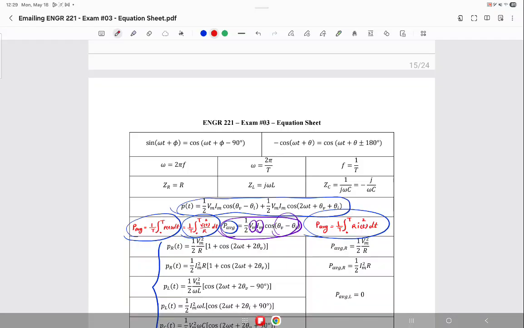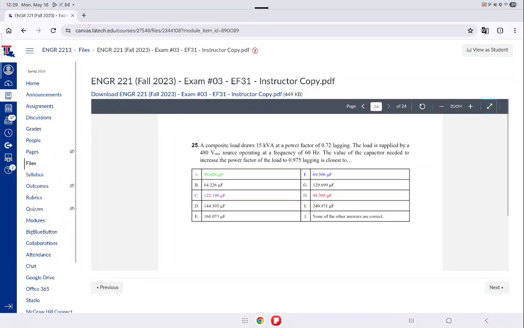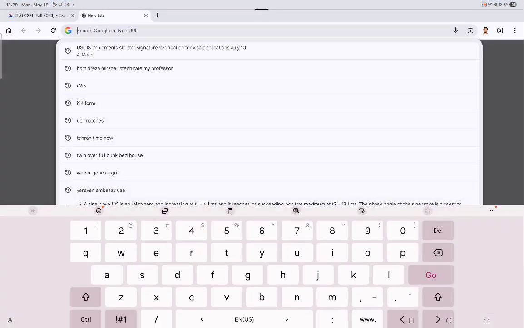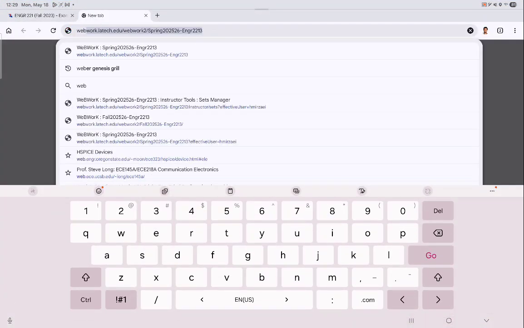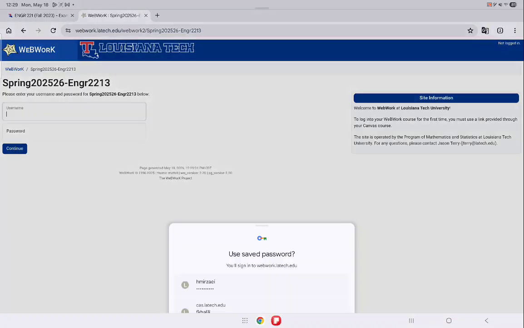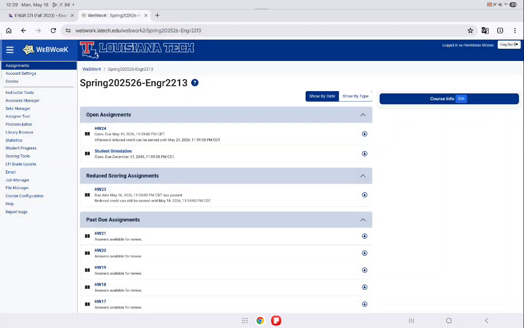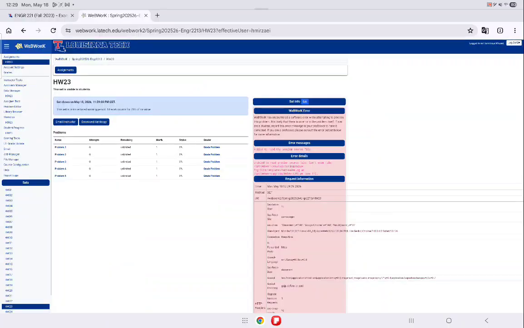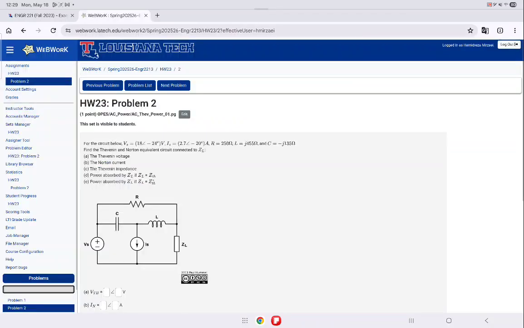Can you tell me which problem it is? I think it's homework 23, problem 2. It has you adding phasors, but with different periods. That's not exam material. No.